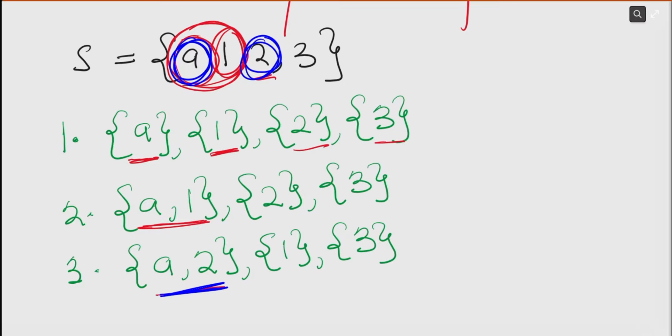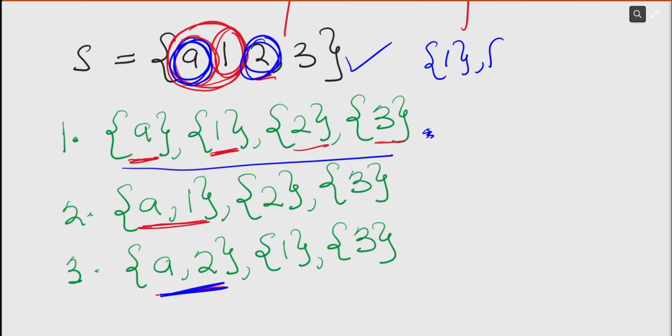Now, mind you, if you are to write 3 distinct partitions of this set S, and you write this example, and you go ahead to write another example, like say, another example, say {1}, {2}, {3}, {a}.